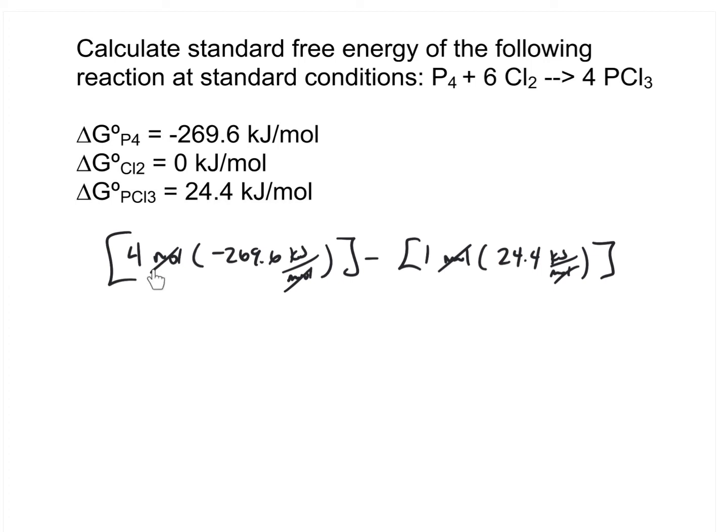Now if I take these two numbers and multiply them together, and I take these two numbers and multiply them together, and then I add up the resulting values, I get a positive 367.2 kilojoules of energy, which means that this is a non-spontaneous situation and is not thermodynamically favorable.